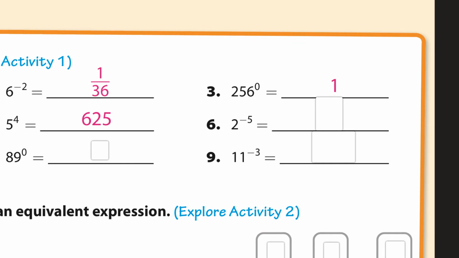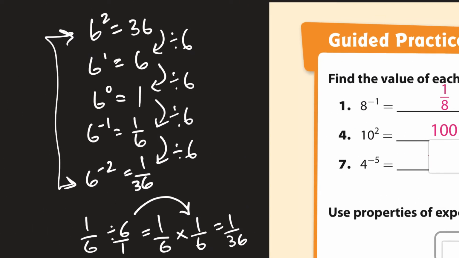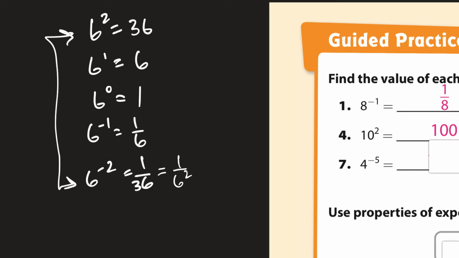Number 6, 2 to the negative fifth power. Let's go back over this. To answer that one, let me show you something very important. 6 to the negative second is the same thing as 1 over 6 to the positive second, because 6 to the second power is 36.